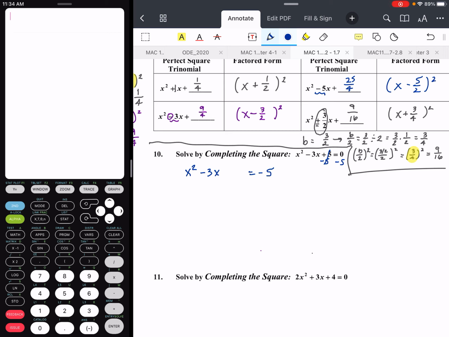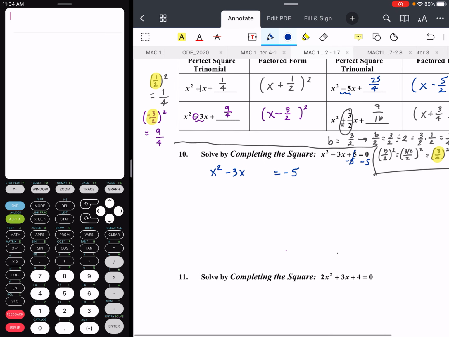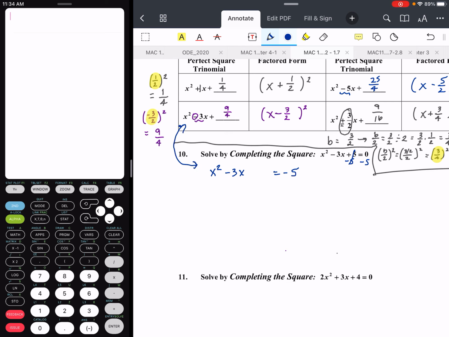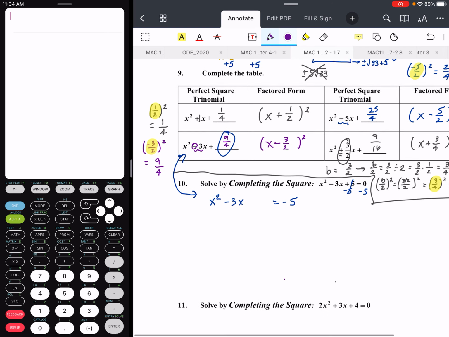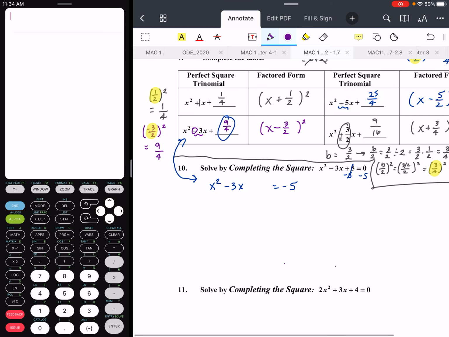And now I want to take -3, divide it by 2, and square it. I already did that up here, right? X squared minus 3x, and I decided that I'm going to add 9/4 to both sides. So I'm just cheating off of that table up above. So I'm going to add 9/4 to both sides.